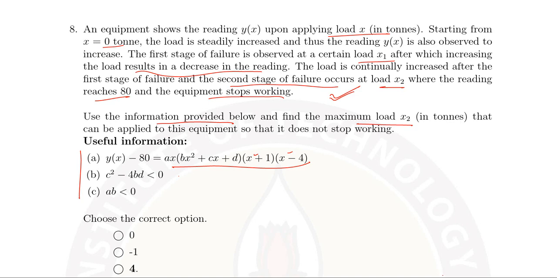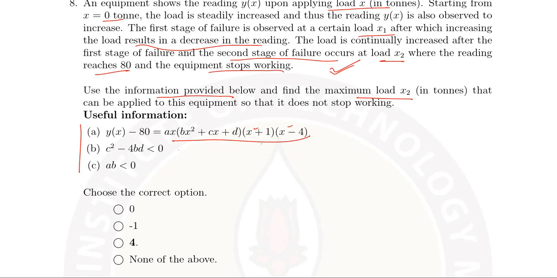So now, we can plot this graph roughly according to the information given to us. From here we can obtain that x equals minus 1, so that will be somewhere here, and since x is given, one point will be here, and another is x minus 4, so that will go somewhere here at 4.